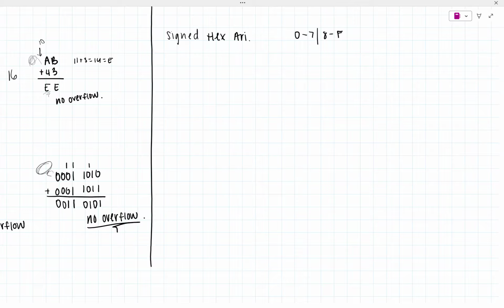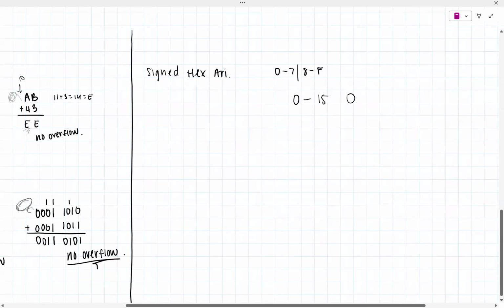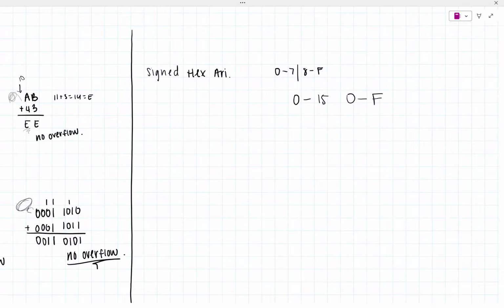The range of hexadecimals, remember, is from 0 to 15, or that's the same as saying 0 to F even, right? So we'll divide this by 2, and then we'll get 7, right? First half is going to be positive. Second half is going to be negative.